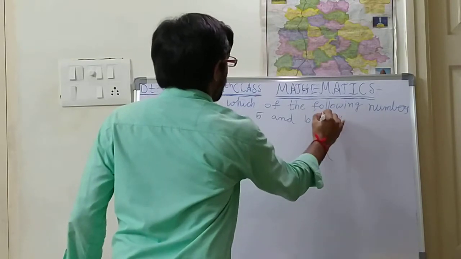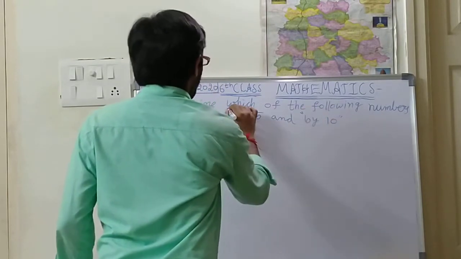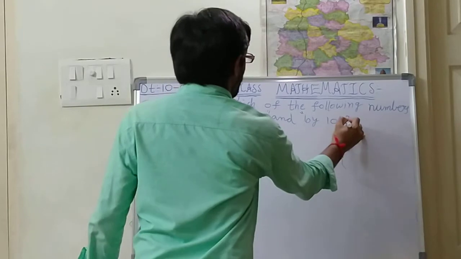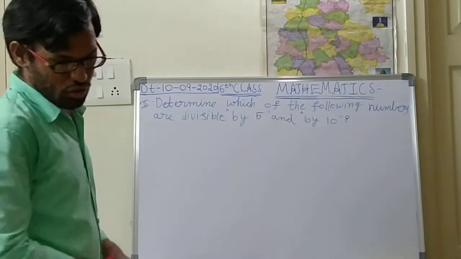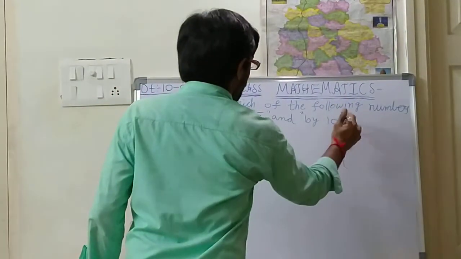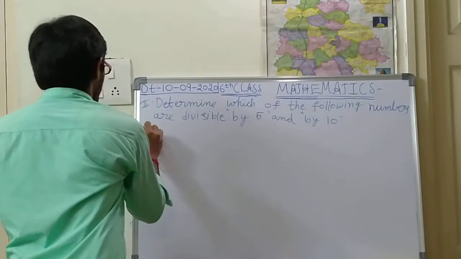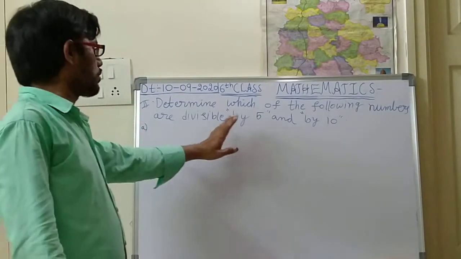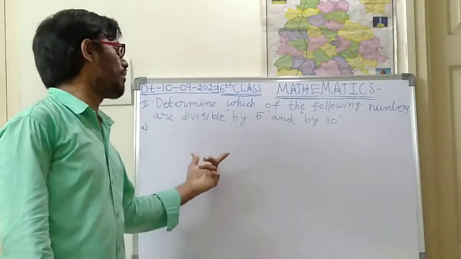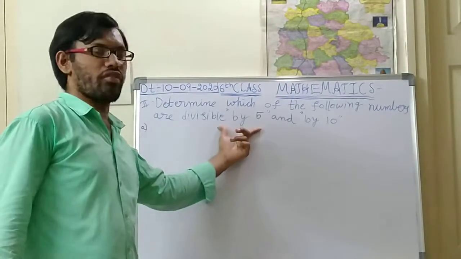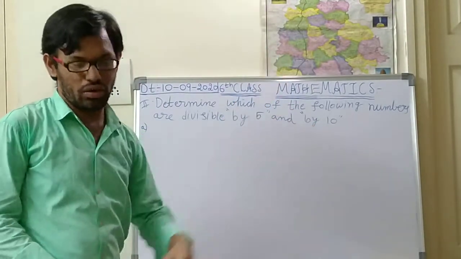So by 5 you should check and by 10 you should check. So this is the question, children. Now, you are supposed to check whether a number is divisible by either 5 or by 10.